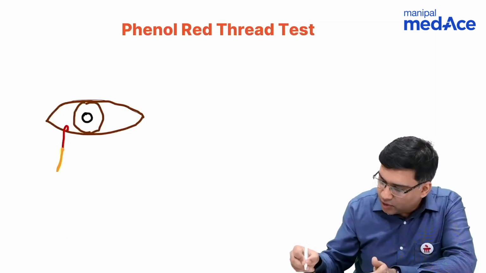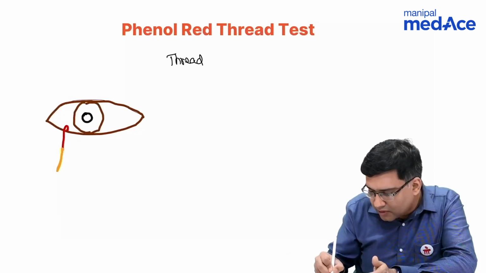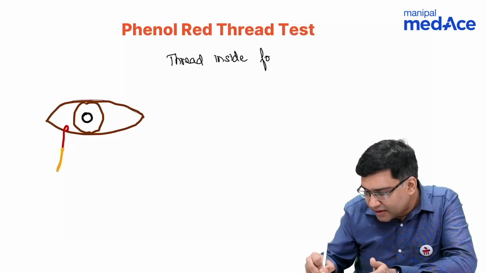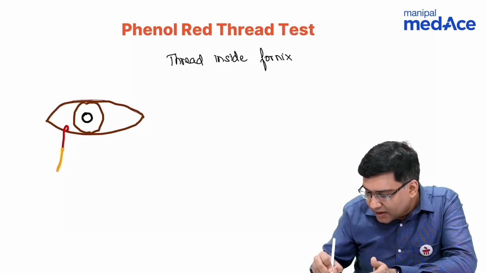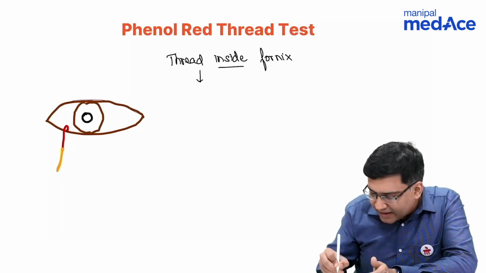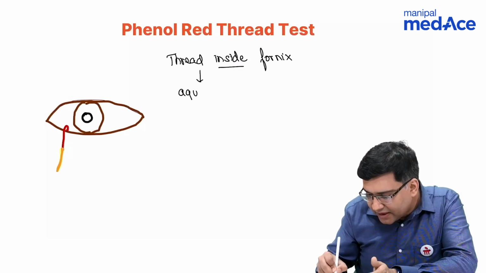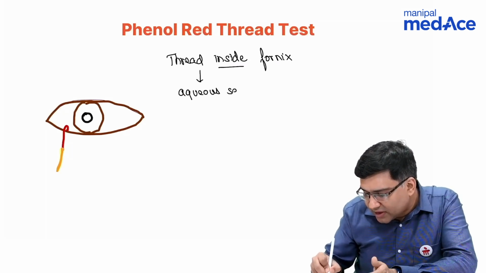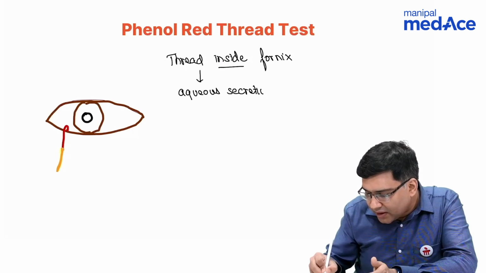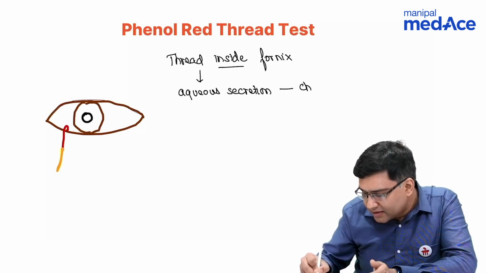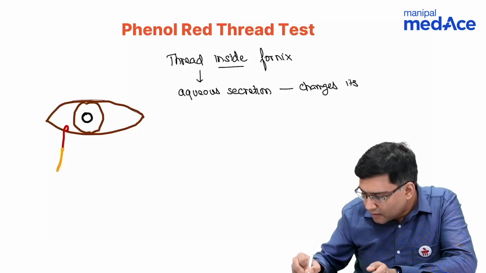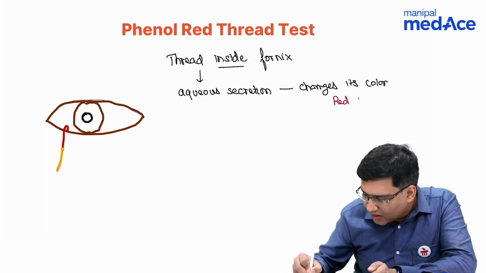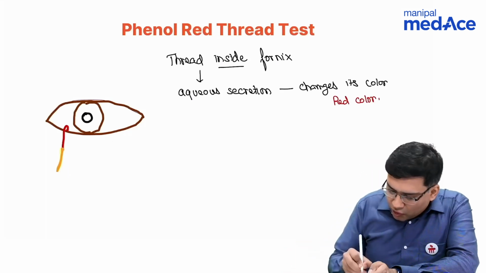So we put a thread inside the fornix. The property of this thread is that as soon as it gets wet by the aqueous secretion, it changes into red color.